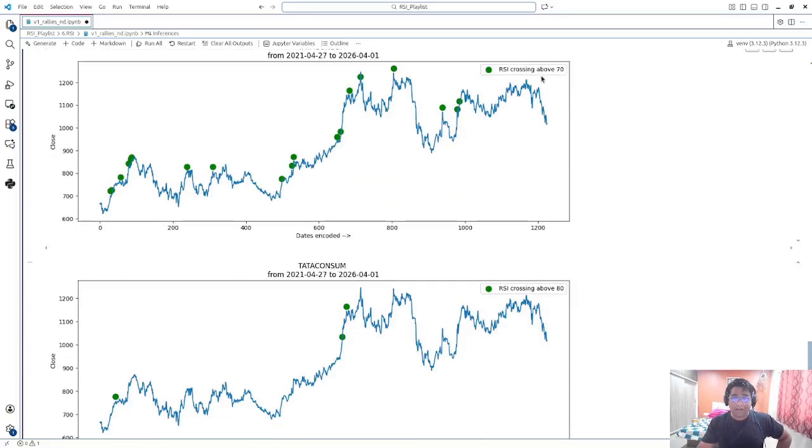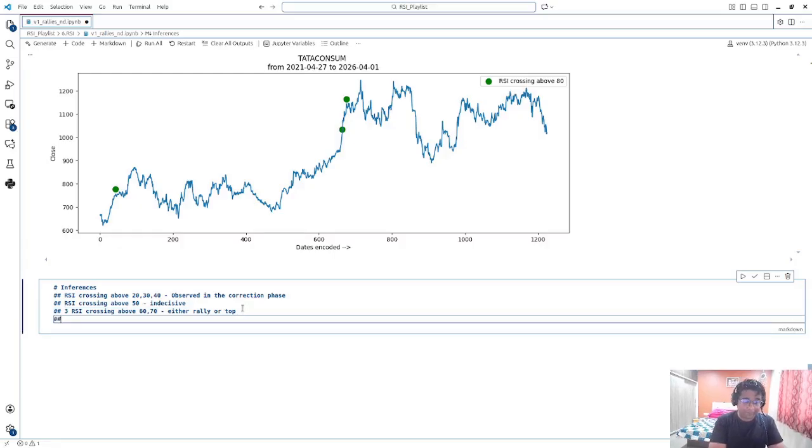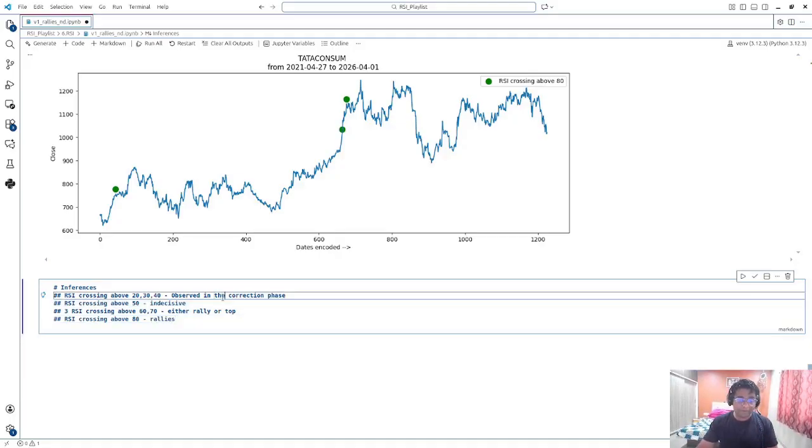Okay. RSI crossing above 70, rally and top. RSI crossing above 60 and 70, either rally or top. And when the RSI is crossing above 80, pure rally. RSI crossing above 80, observed in rallies.